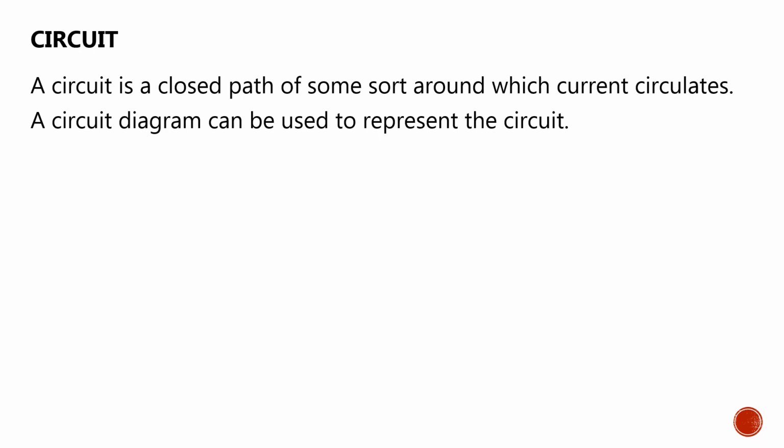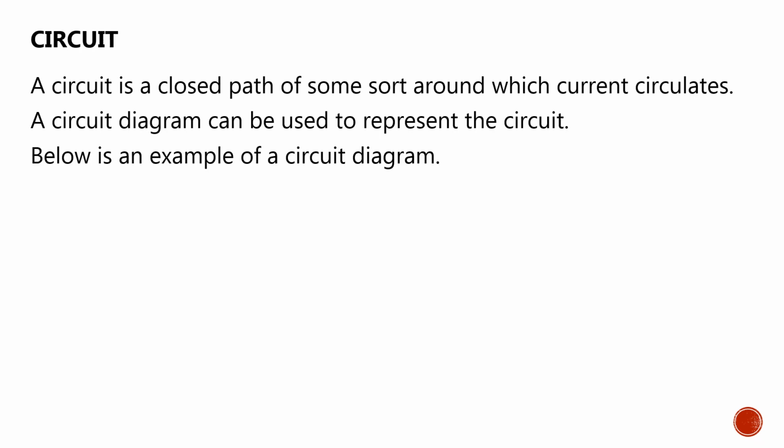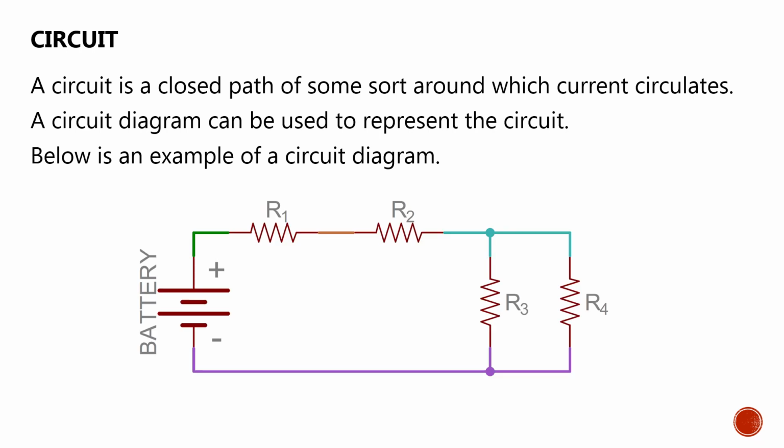This diagram is used to represent the circuit. For example, we have the battery as the source and four resistors in the circuit. These two resistors are connected in series while the other two resistors are connected in parallel to the first two.